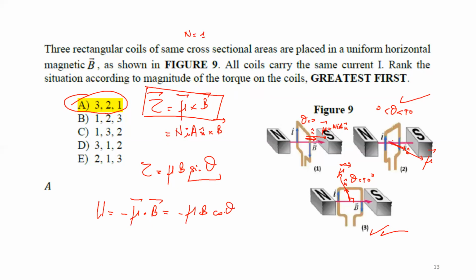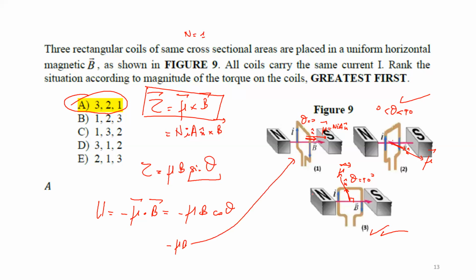Can you rank them according to the orientation energy, most positive first? Of course, this guy will be the most negative, just minus mu B.